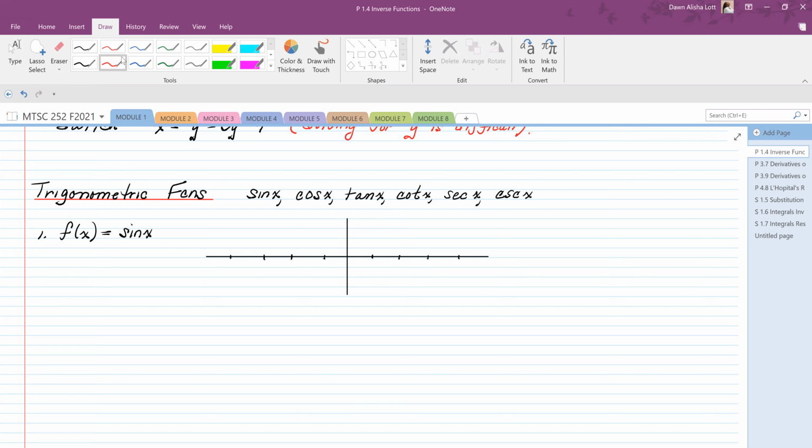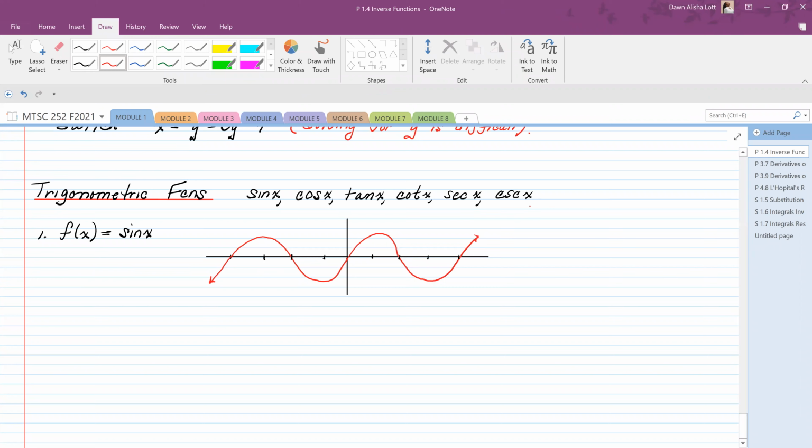Okay, so this is the sine of x. And so this function, as it is, fails the horizontal line test. So therefore, it does not have an inverse function.